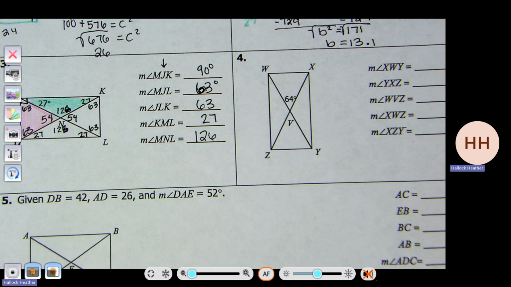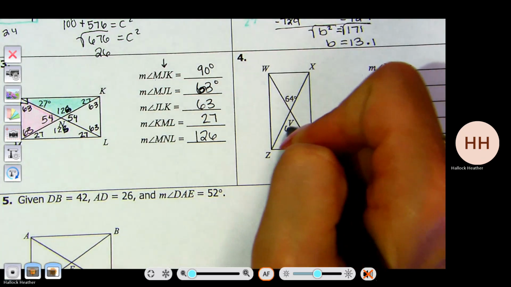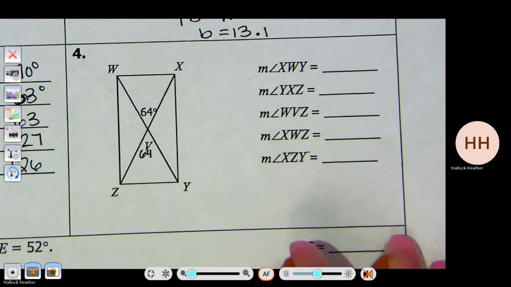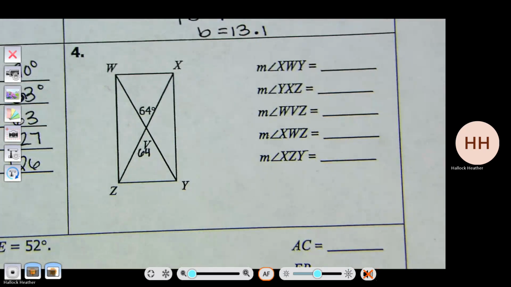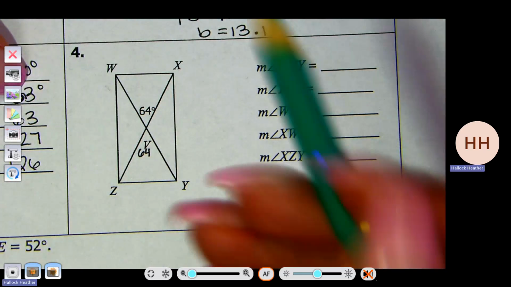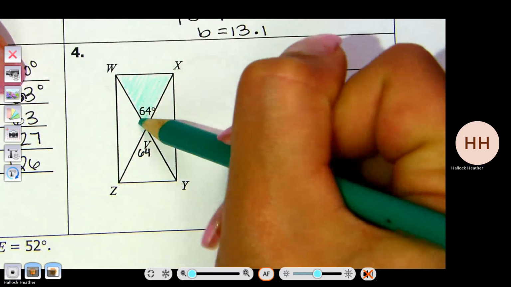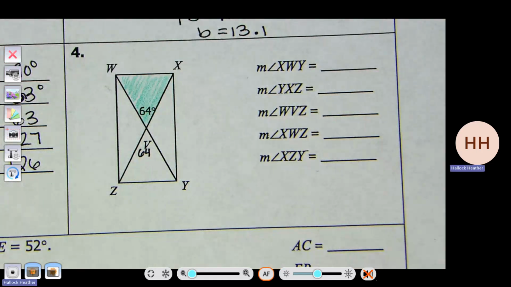The base angles are congruent in the triangle because it's an isosceles triangle. So you can move the 64 to one place. The base angles to your triangle have to be the same number. They have to be congruent. Once you figure out those angles, everything else should flow.